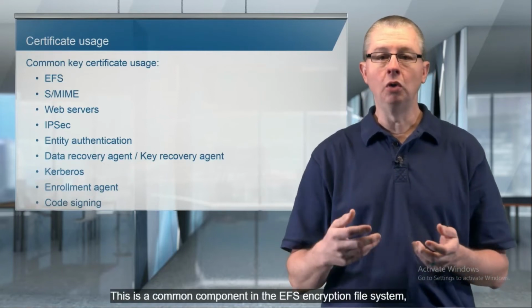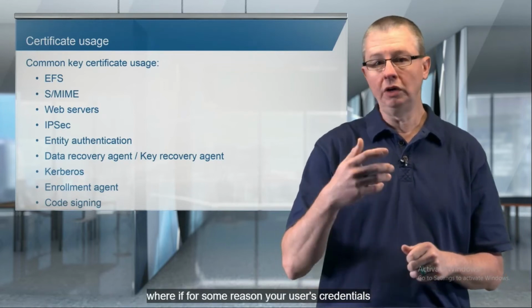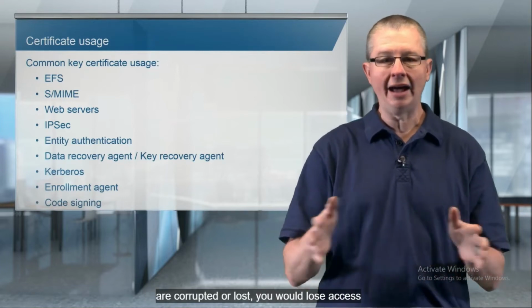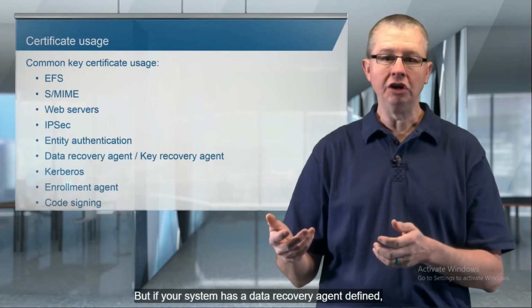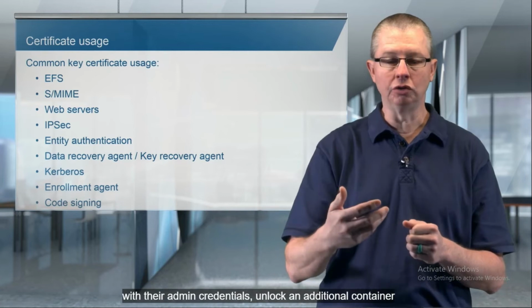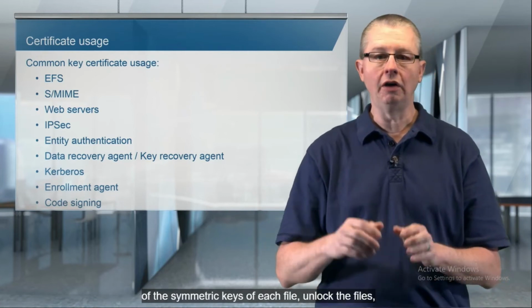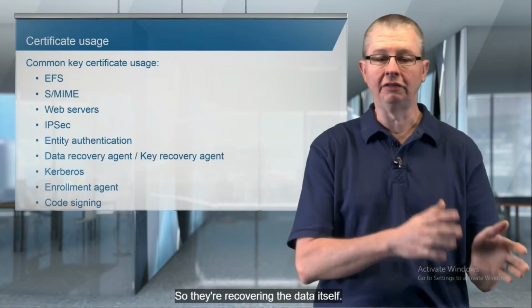This is a common component in EFS, where if your user's credentials are corrupted or lost, you would lose access to all of your encrypted files. But if your system has a data recovery agent defined, they can come into the machine on your behalf with their admin credentials, unlock an additional container of the symmetric keys of each file, unlock the files, and give you back the plain text file. So they're recovering the data itself.